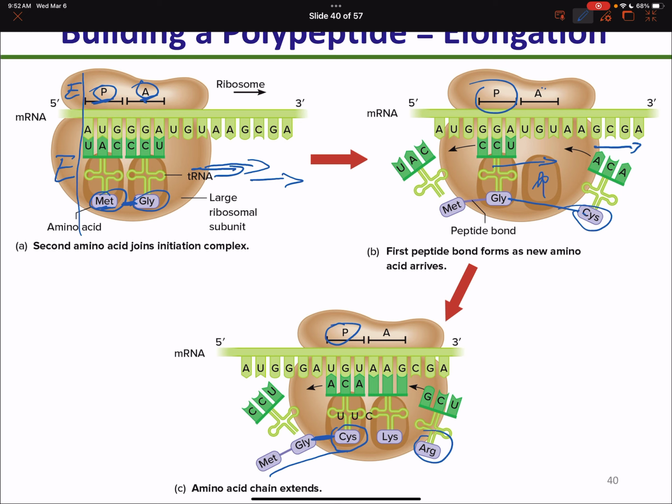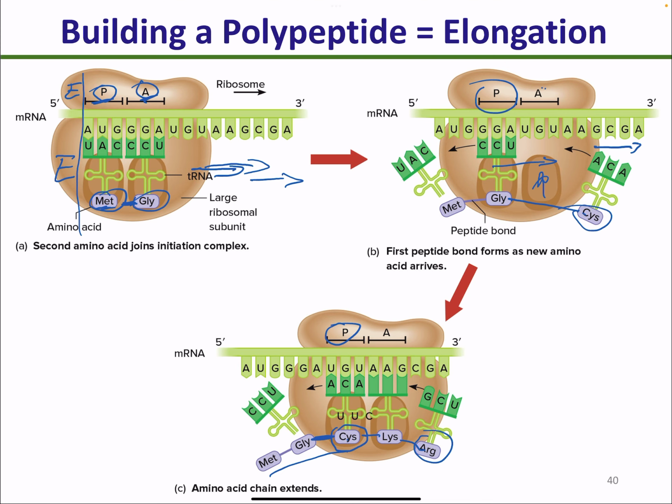And so elongation is going to happen that way, right? So again, we have methionine, glycine, cysteine, lysine, and then arginine, and it will keep growing until the stop codon is reached. And the stop codon is actually a codon that has no equivalent amino acid.